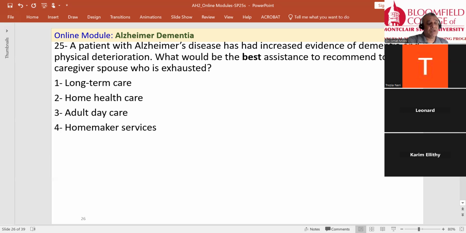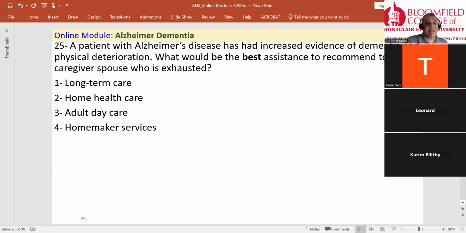Long-term care is when the patient has a rapid deterioration and the caregiver is unable to continue to provide care. But on a daily basis, to give them a short vacation daily, not taking care of the patient 24/7, from 8 to 1 or 8 to 2 every day, that would be adult daycare.